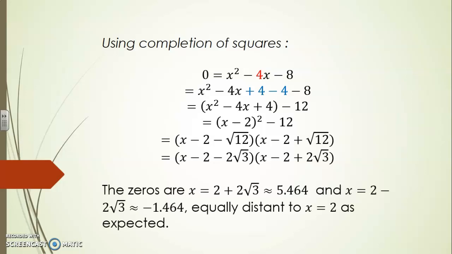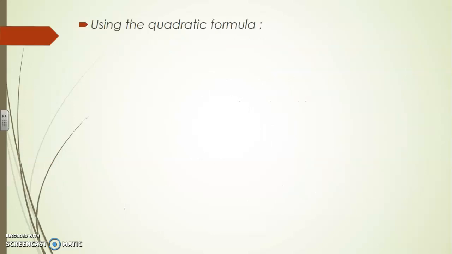Now the zeros are the values of x that would cancel off either of these factors. The first one is cancelled off with 2 plus 2 root 3, and the second with 2 minus 2 root 3. You'll quickly notice that these are equally distant from x equals 2, which is where the vertex was occurring. If you're using the quadratic formula, then it's much more computational, but quite direct actually to find the zeros.